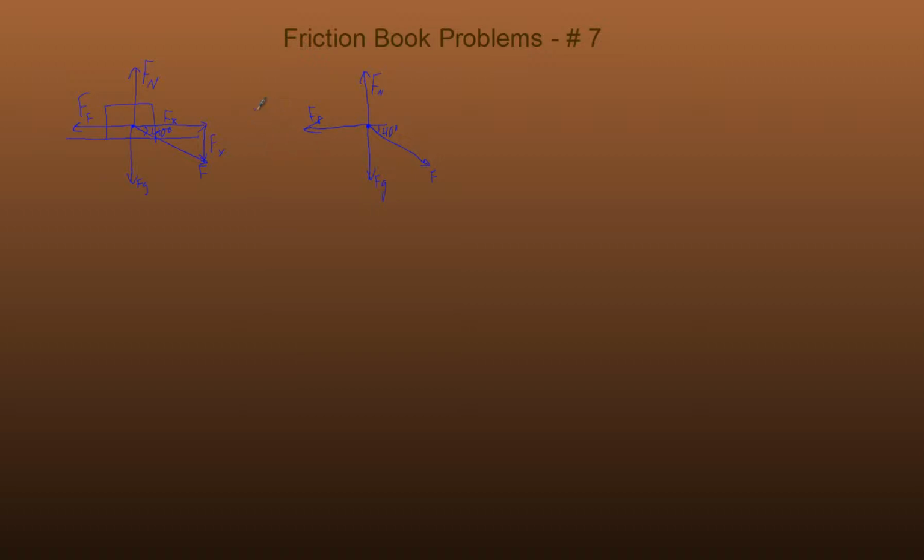Alright, so the question is, we got this block which has a mass of 3.5 kilograms, being pushed along a horizontal floor with a force F equals 15 newtons at an angle of 40 degrees.